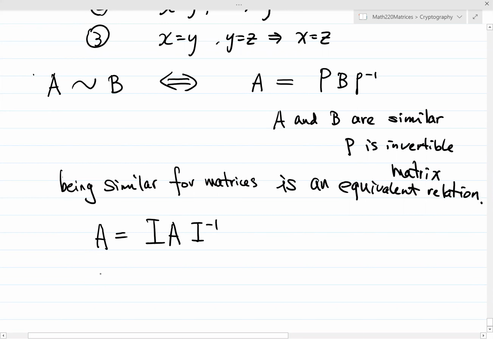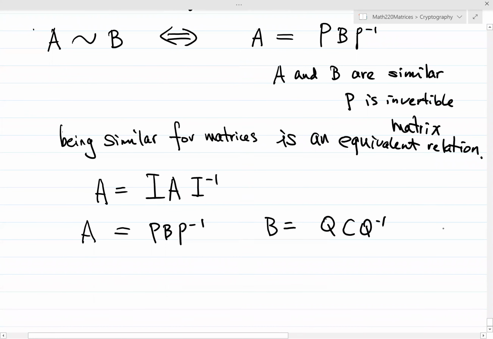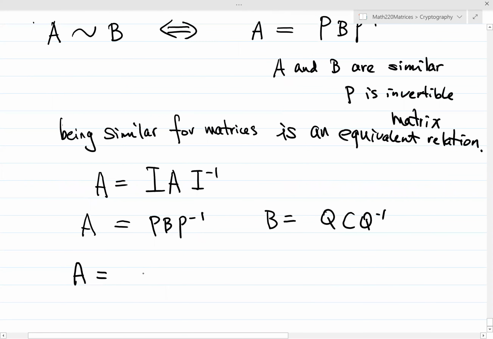Now transitive: A is similar to B, A is P B P inverse. B is similar to C, let's say Q C Q inverse. Then you see A is P, replacing B by Q C Q inverse, P inverse.